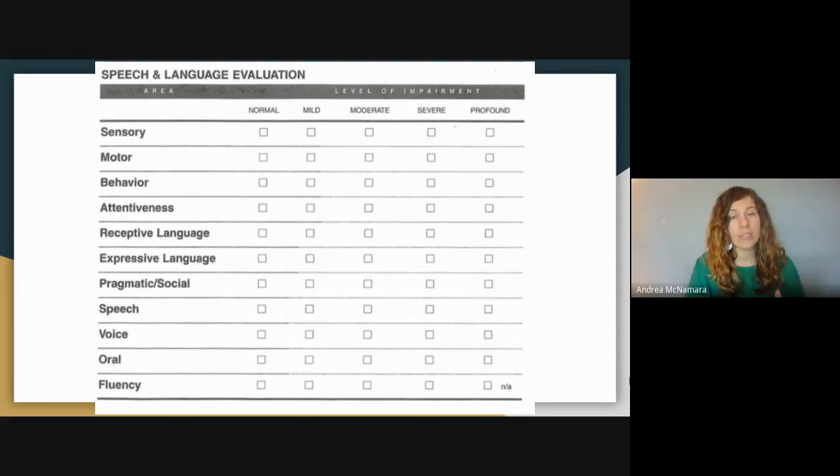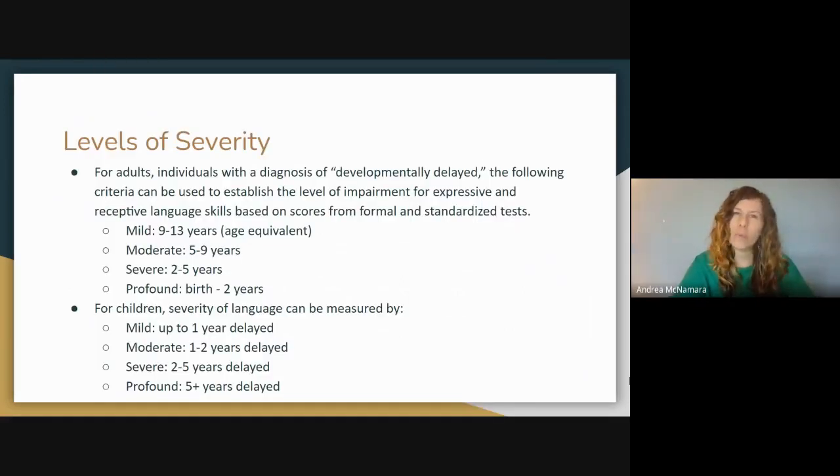So again, there's the 11 areas, and you'll see it's from normal to profound. And the manual does give you a little bit more information when you're looking at adults or children. Some adults might have a diagnosis of something that kind of gives you an idea of the level of impairment, but the skill level you might be looking at to see, okay, is the impairment for expressive and receptive language skills giving me an age equivalent of 9 to 13 years?